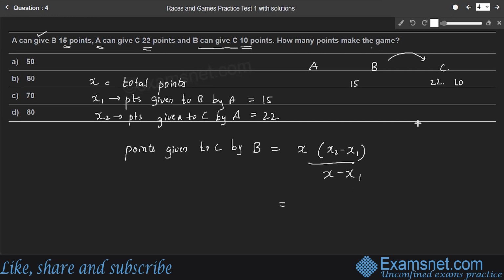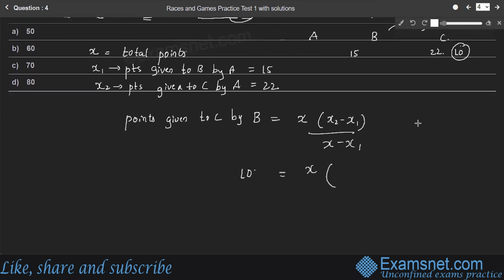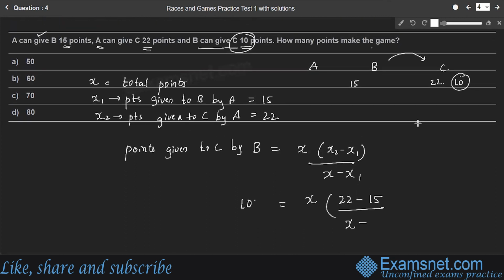Here the points given to C by B is already given, which is 10 points. So 10 is equal to the total points in the game, x, into 22 by A minus 15, divided by the total points of the game minus x1, where x1 is 15.